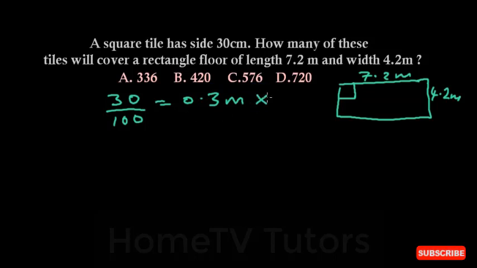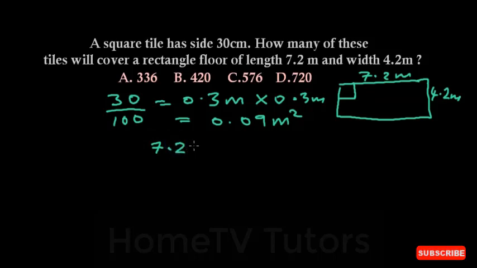And to get the area of the single square tile, we multiply that by 0.3 meter, which gives us 0.09 meter square.